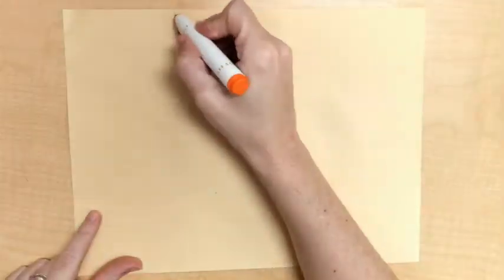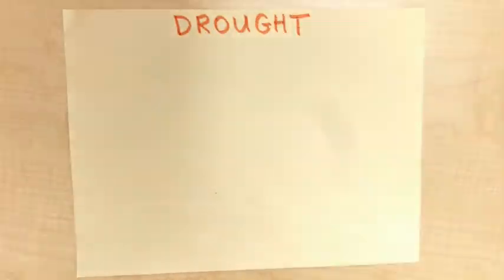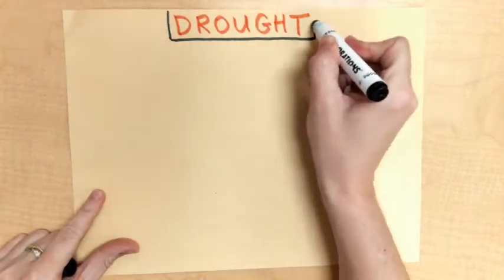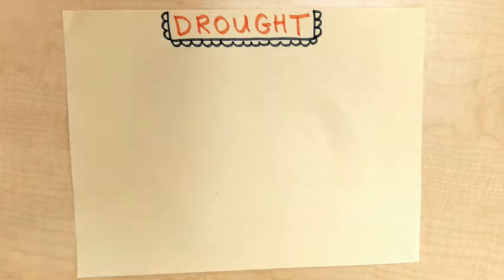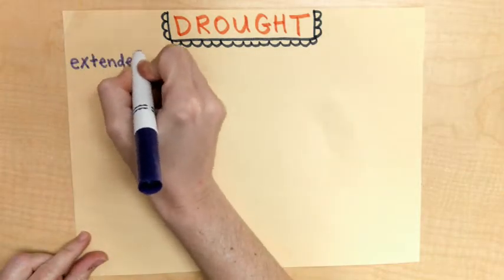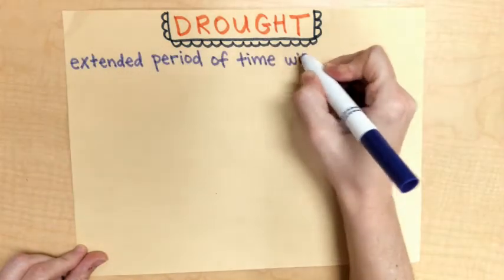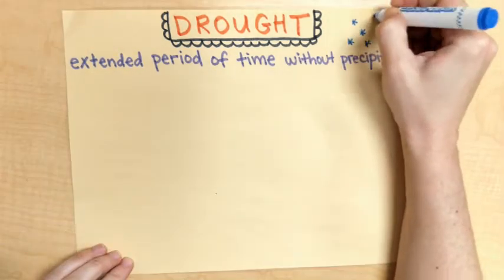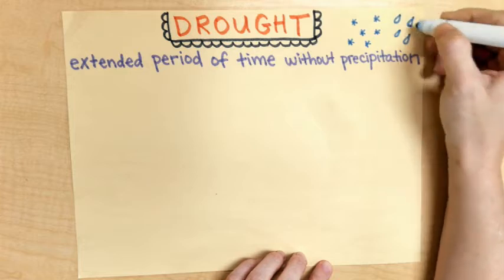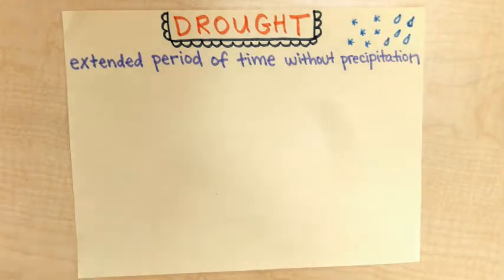Alrighty, so when you're talking about a drought, that is just a very long period of time where you go without any form of precipitation in a particular location. Remember, precipitation could be snow or rainfall.